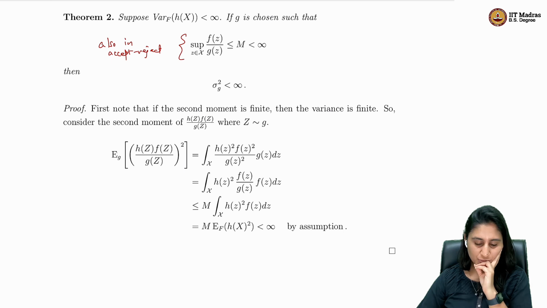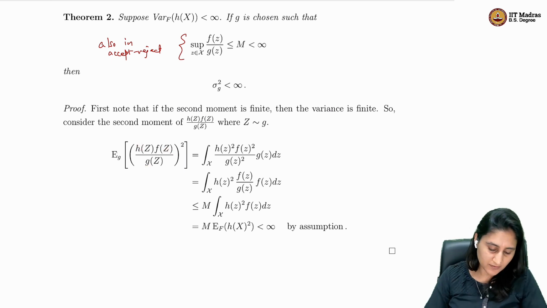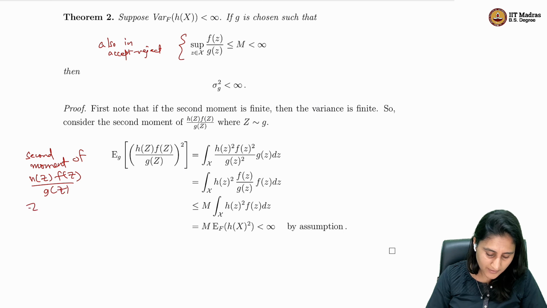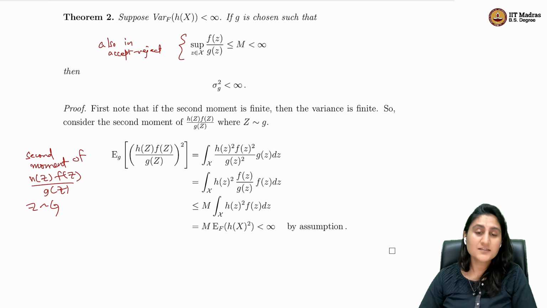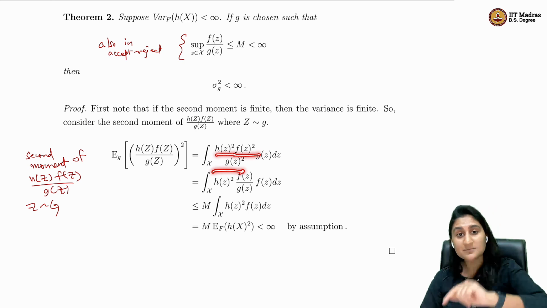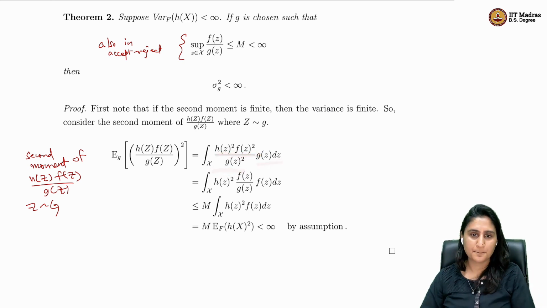Then the expectation of (h f/g) whole squared, which is the second moment, of h(Z)f(Z)/g(Z) when Z is from g, is nothing but the integral of h(z)² f(z)² / g(z)² with respect to g(z) dz.